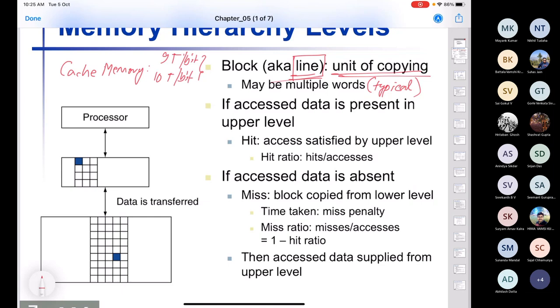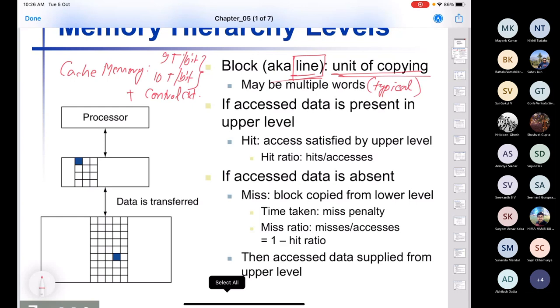Both of them have their relative advantages and disadvantages. These two are popular, plus there is some control circuitry. So the technology is similar to SRAM, but it is not exactly SRAM. It is more complicated than SRAM.